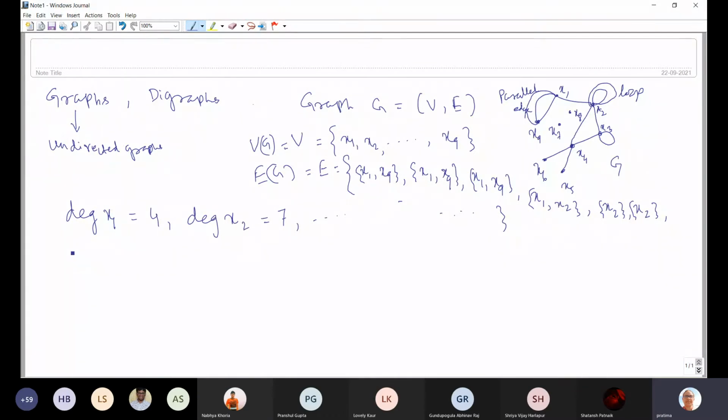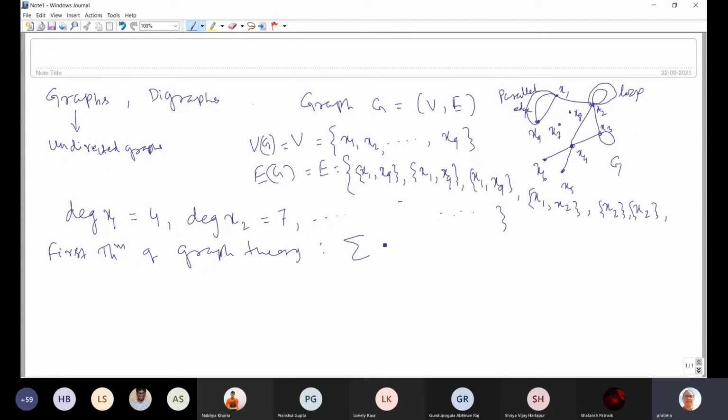Then we have seen the first theorem of graph theory. I have told you about it; basically we refer to it as the first theorem of graph theory. This is very basic and simple, but it has lots of applications.